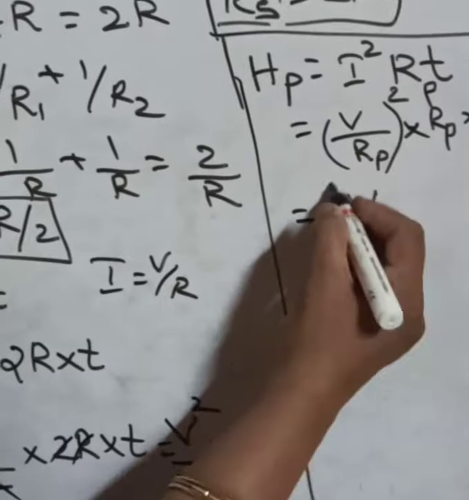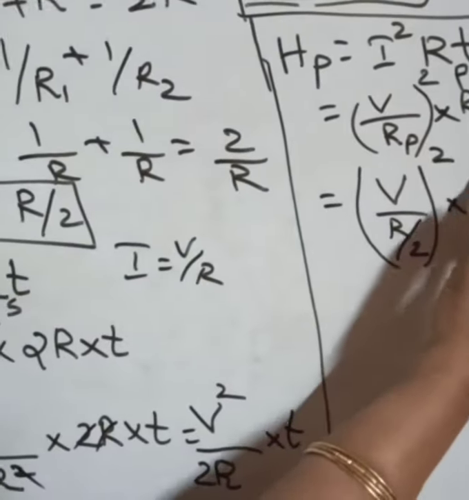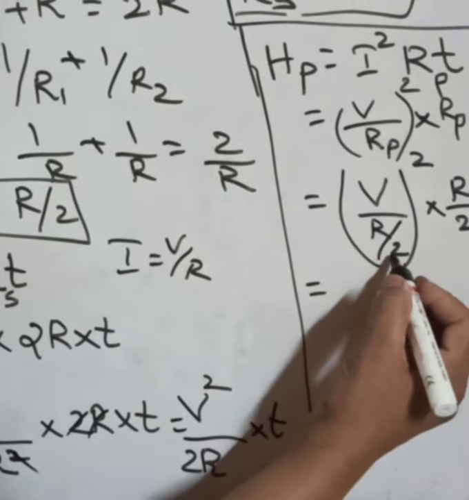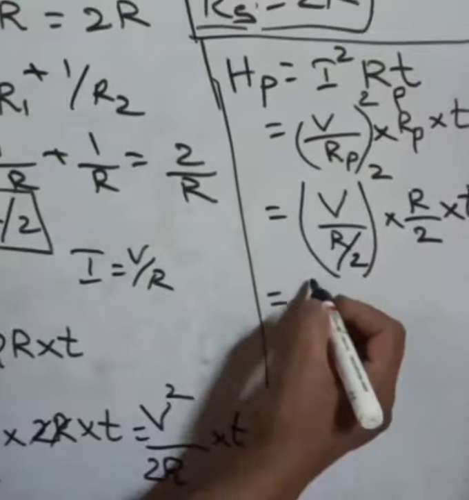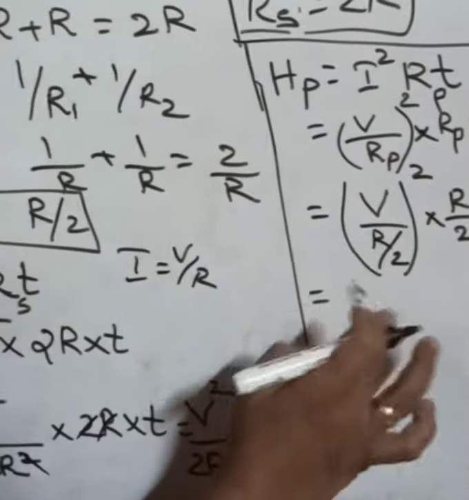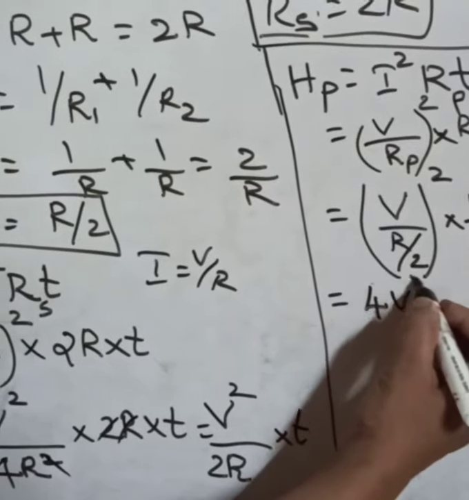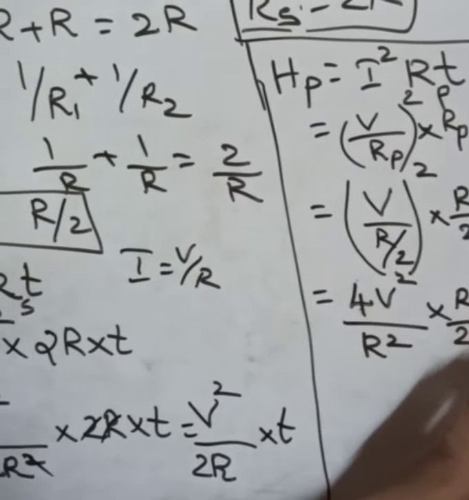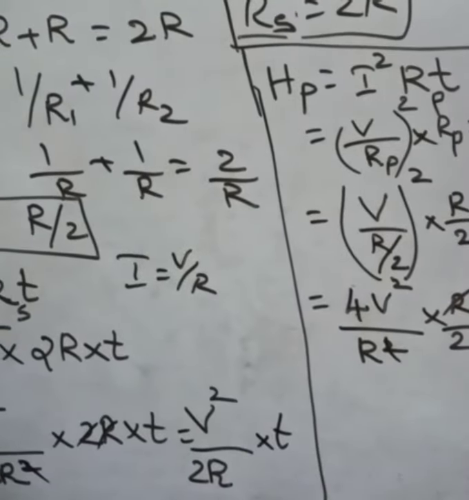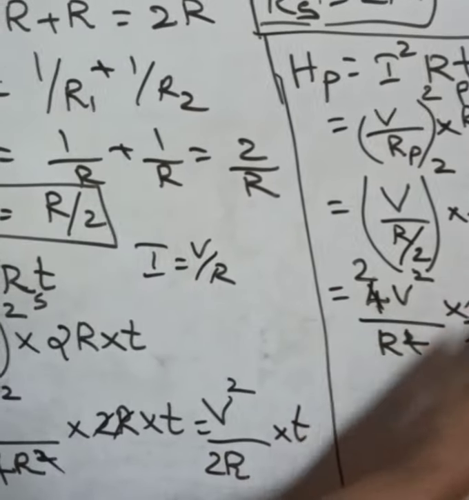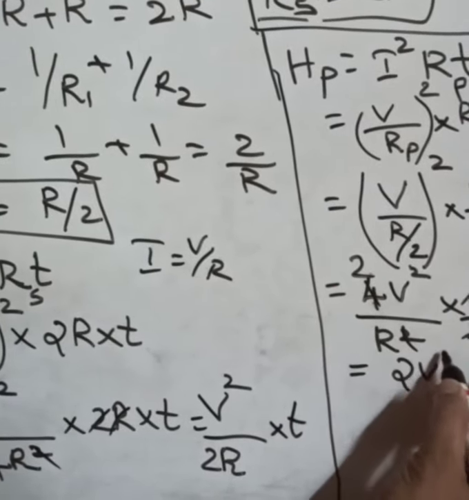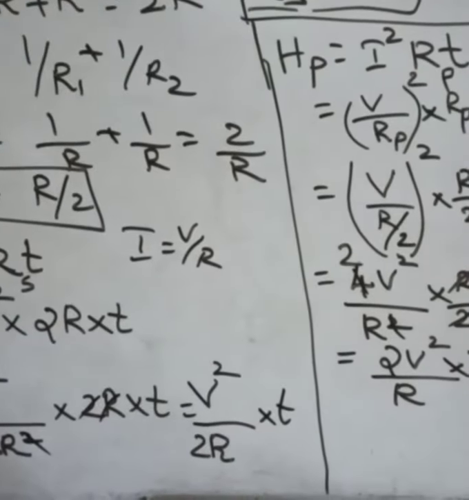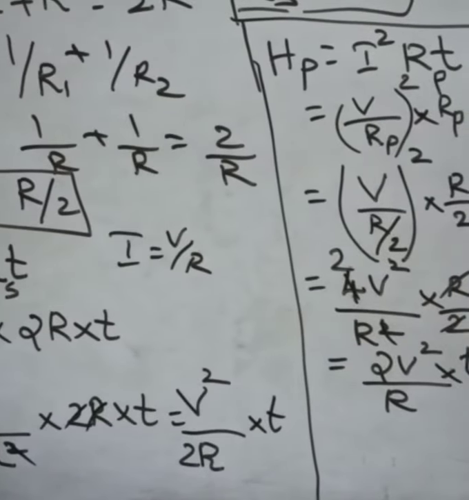So V by R by 2 the whole square into R by 2 into T. That is equal to, this 2 will go to the numerator, 2V square, isn't it? So 4V square by R square into R by 2 into T. R will go off, 2 as well. So here the formula becomes 2V square by R into T.